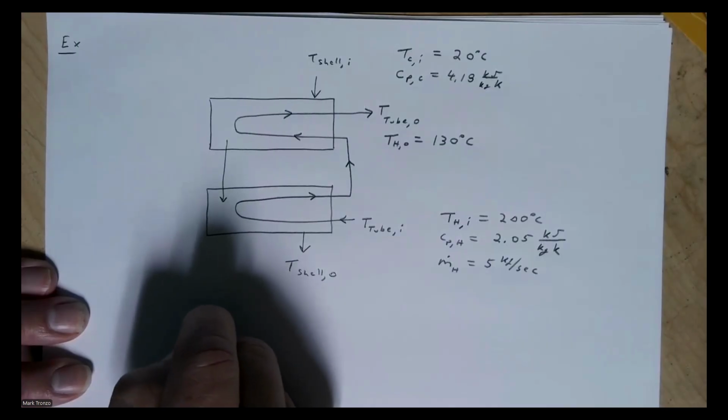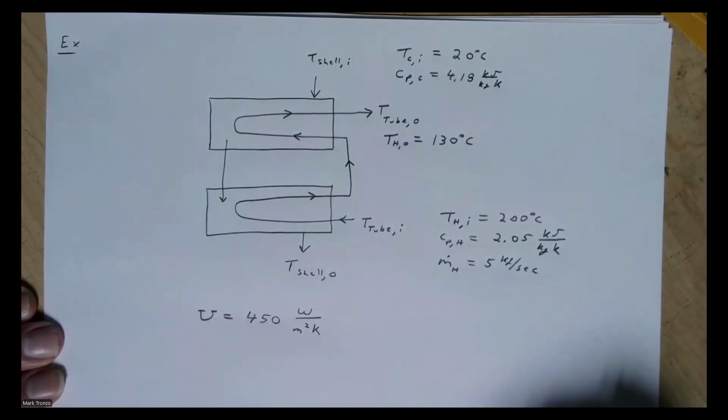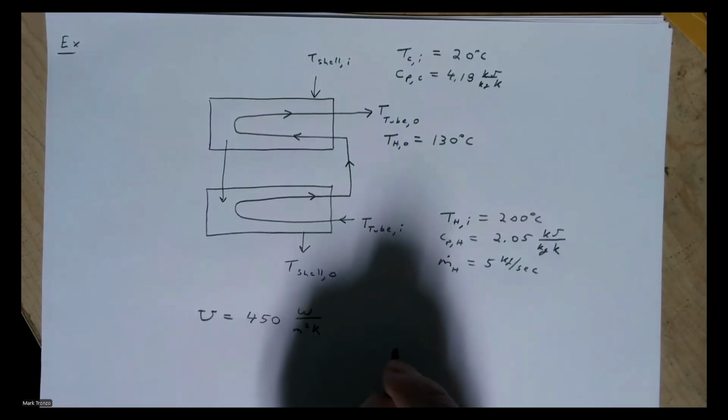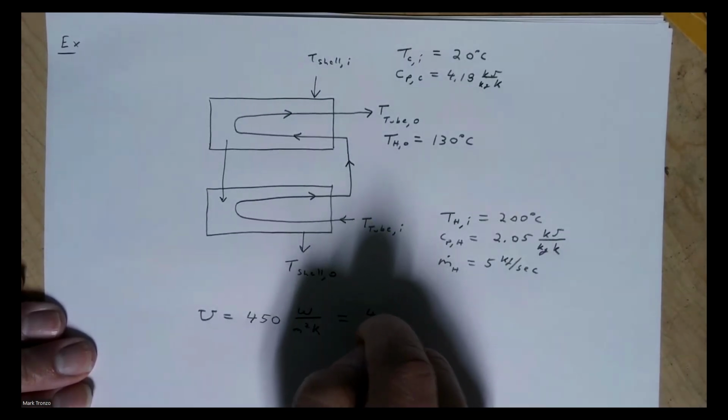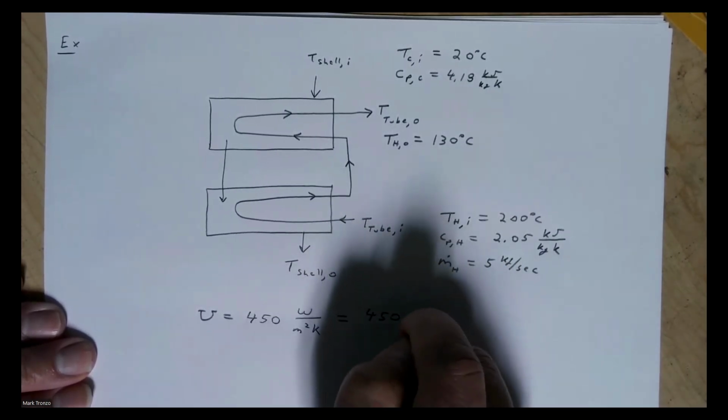And the overall heat transfer coefficient is like this. We may eventually be wanting to convert this later. I think we're going to end up needing this to be kilojoules. So we could write this as 450. Remember, a watt is a joule per second.